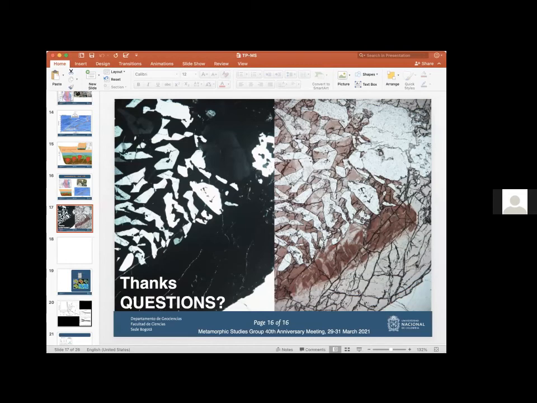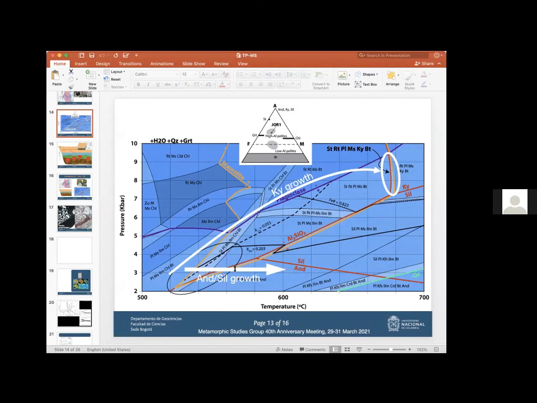Well, we think that sillimanite grew after andalusite. And if you allow me to show you this section here, we think that those two minerals, fibrolite and andalusite, grew along this low pressure heating event, first andalusite and then fibrolite.